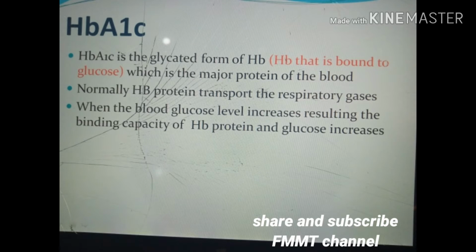It transports the respiratory gases, oxygen and carbon dioxide, inside the human body. But when the blood glucose level increases, the binding capacity of Hb protein and glucose molecule increases. So at that time the glycated form of Hb is formed, okay?